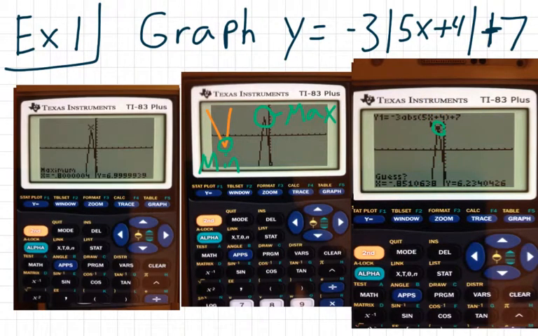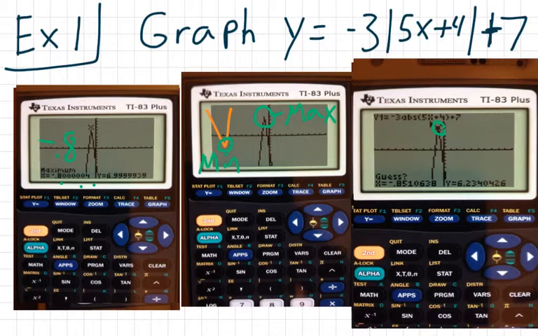So what it says is that your maximum is -0.8000004. That's for your x, and your y is 6.9999939. Okay, your calculator doesn't find the exact point of the vertex. It approximates it as best it can. If you see -0.8000004, that's basically -0.8 or -4/5.